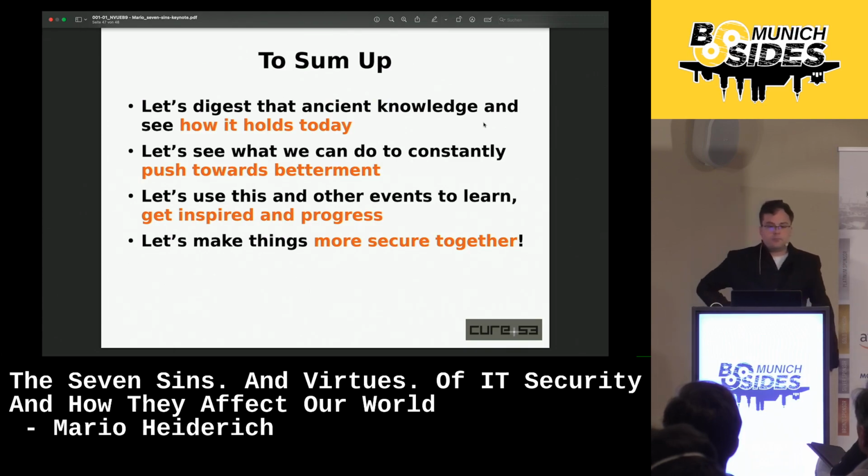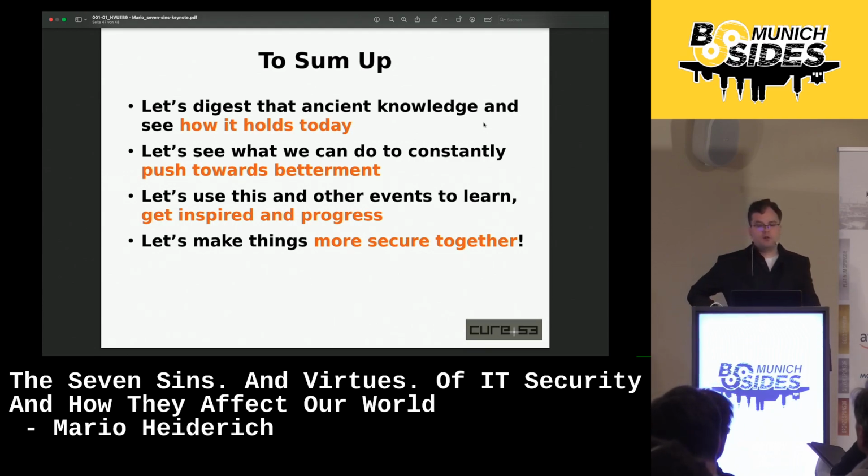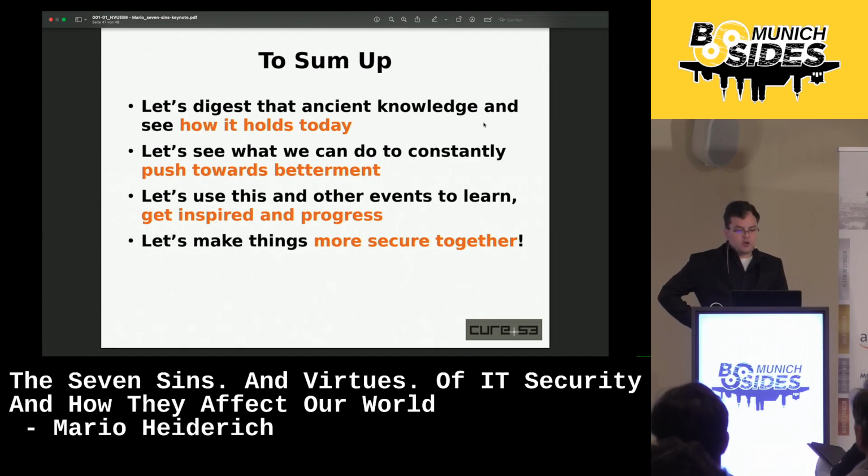To sum it up, we have already digested that ancient knowledge and modern principles are actually still quite interconnected. We have already seen that lots of things can be done to go for constant betterment and improvement of yourself and the systems and the people and the ideas around you.